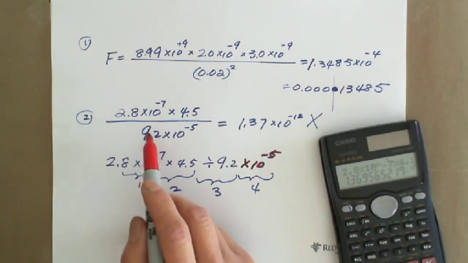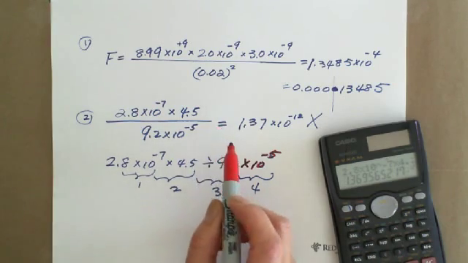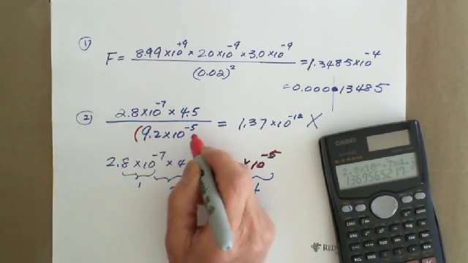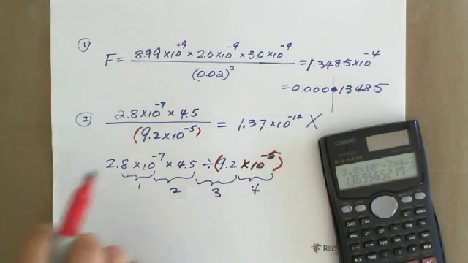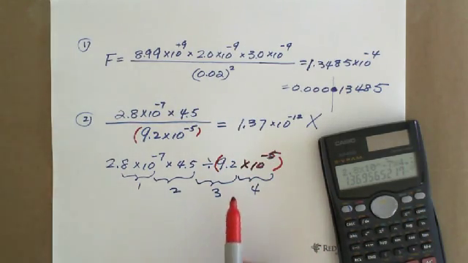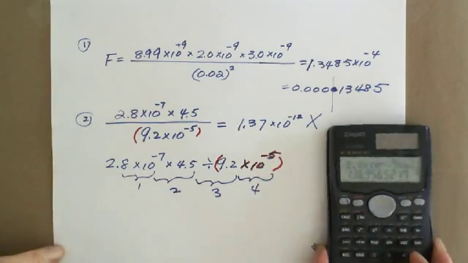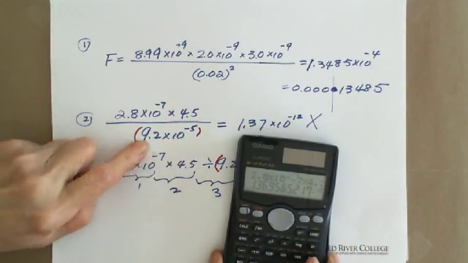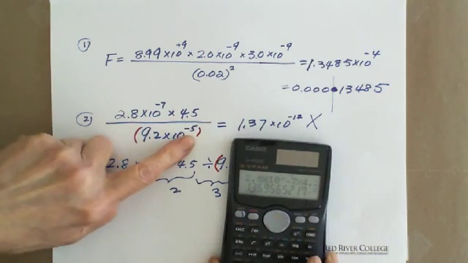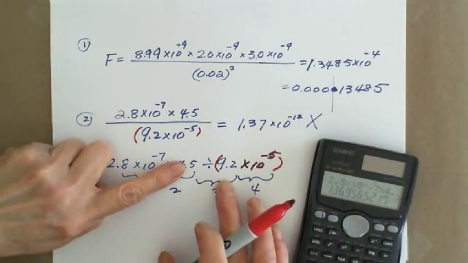You need to be careful because this is all on the bottom. When you enter it, you should put it together in your calculation, right? Because 9.2 times 10 to the negative 5 is scientific notation, it should all go on the bottom, so you need to add brackets.